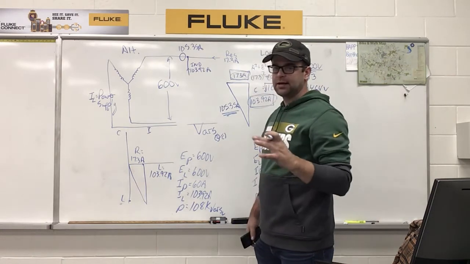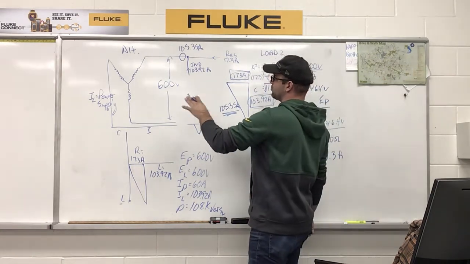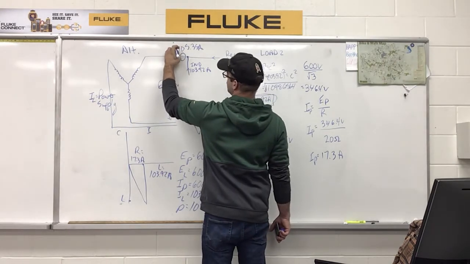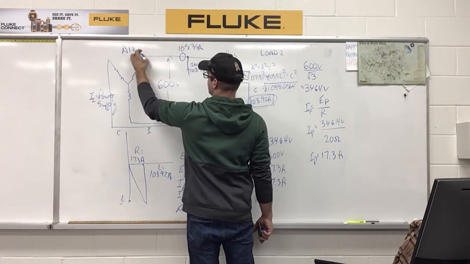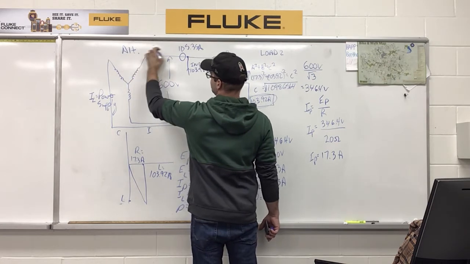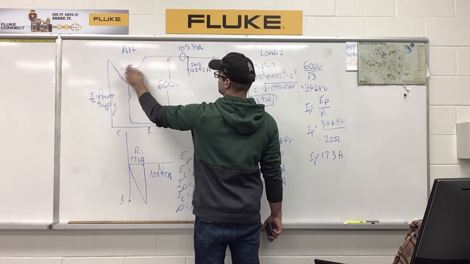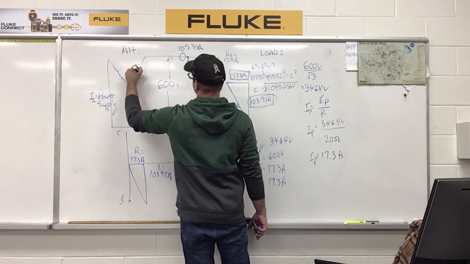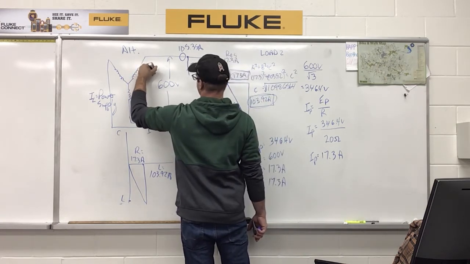But if we were looking at a delta load, you would get it wrong, because as a resistive load, if I put an amp clamp here, it's going to read 105.35, and if I came down to that phase value, because there's not another coil producing it here, my value per phase is also going to read 105.35 amps.